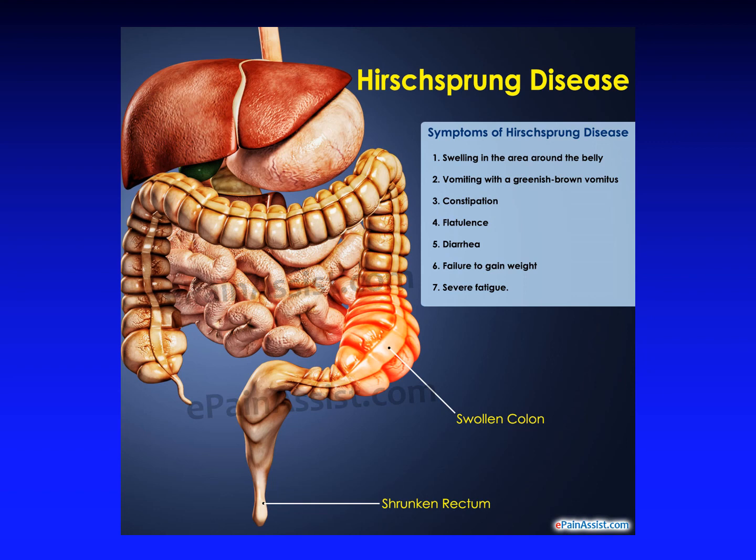The motility patterns in the oral cavity, or the oral phase, consist of an oral stage and pharyngeal stage.